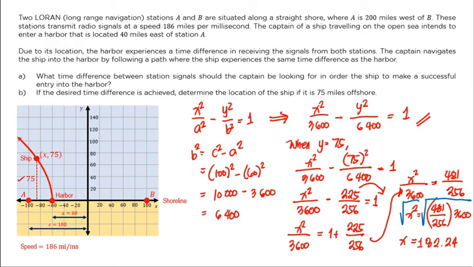But since the point is located on the second quadrant of the xy plane, therefore we will just take the negative value. Thus, the location of the ship is negative 82.2475. So this is now our final answer.